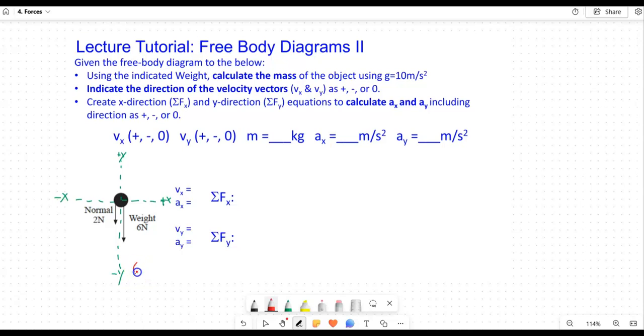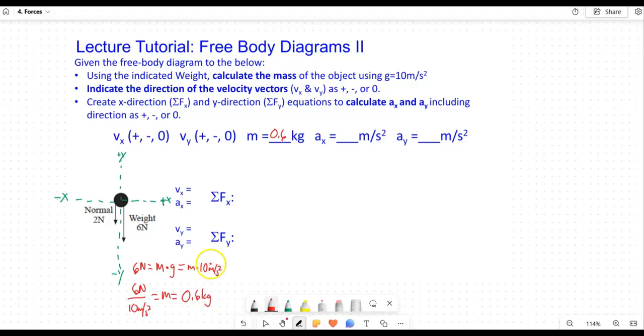That is equal to mass times gravity, which in this case is mass times 10 meters per second squared. So 6 newtons divided by 10 meters per second squared is going to be the mass of the object, which is 0.6 kilograms.